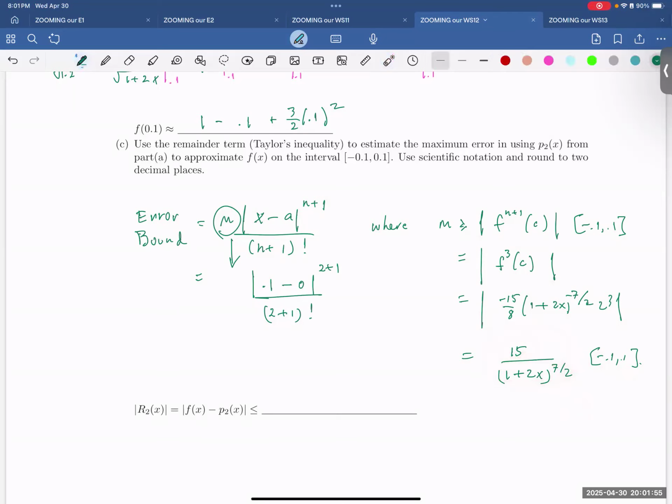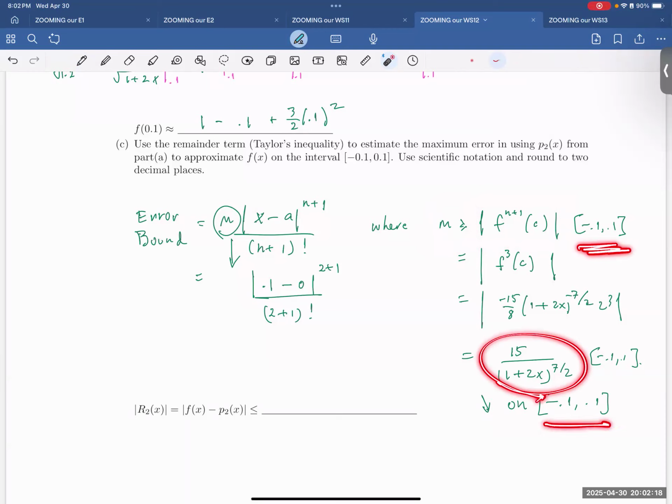And since this fraction decreases on negative 0.1 to 0.1, we want M to be bigger than or equal to the size of all the function values of the next derivative on this interval, and the largest function value happens at the left endpoint because this is decreasing. If this function is decreasing down to the right, then the max value happens over here at the left endpoint.